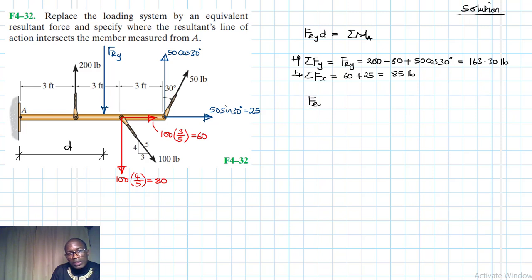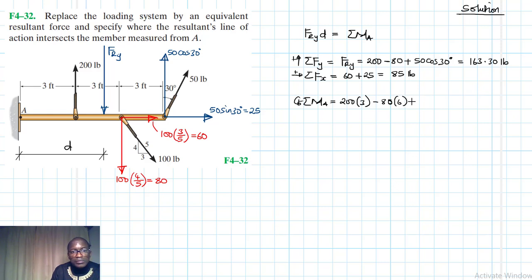All right, so now let's bring that equation. FRy times d is equal to the summation of moments. Let's just go directly without bringing this. So let's say the summation of moments about point A, with clockwise being our reference. We are going to have a positive moment, 200 times 3. Then we'll have a negative moment which is 80 times 6.